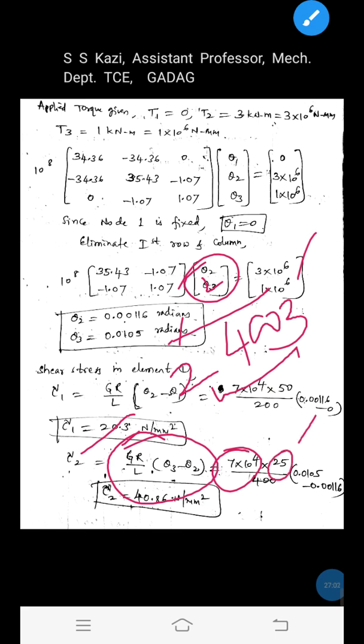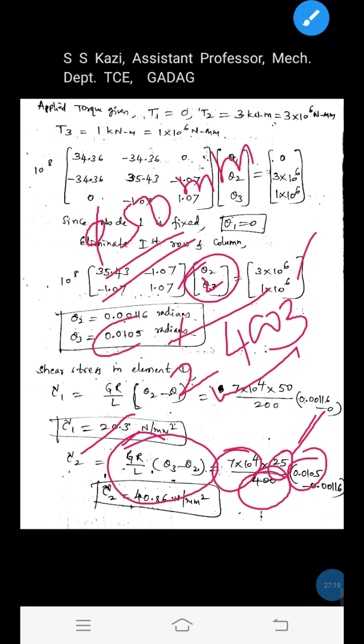R value 25, because diameter of element 2 is 50 mm, divided by the length of the element 400, into bracket theta 3 minus theta 2. If you substitute theta 3, we got 0.0105, minus theta 2, 0.00116.